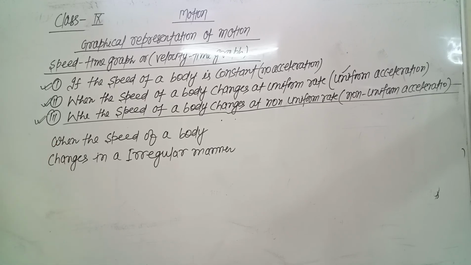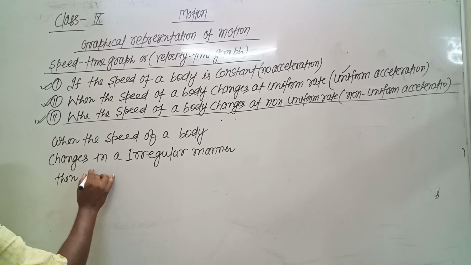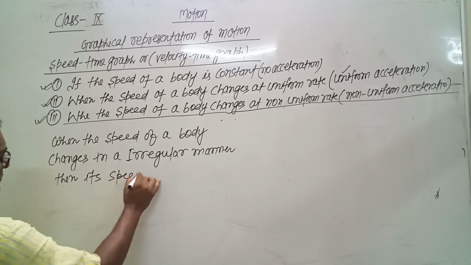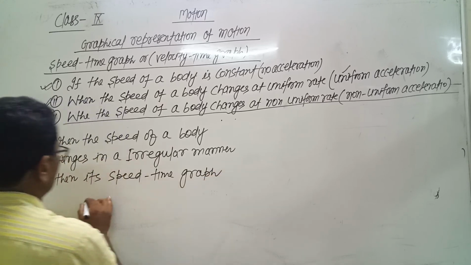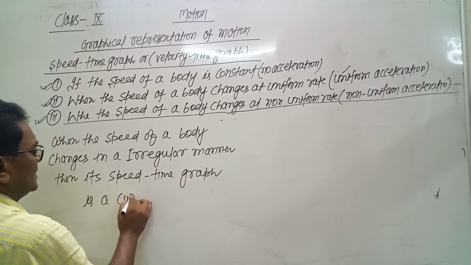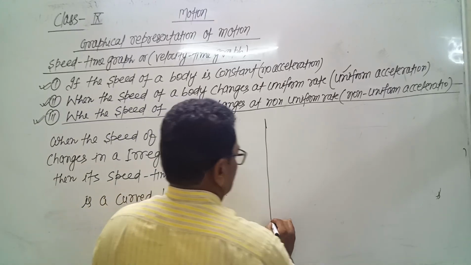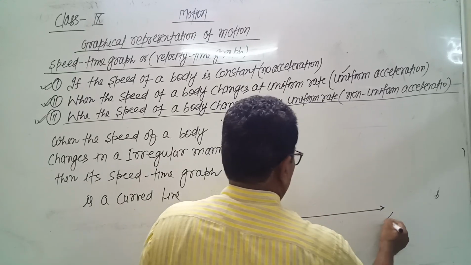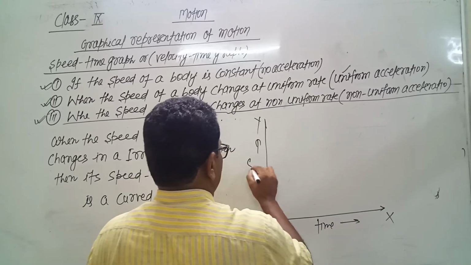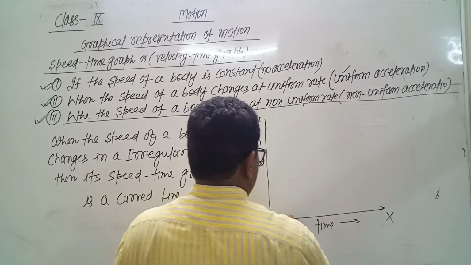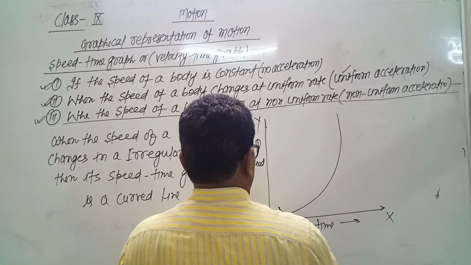When the speed of the body changes in an irregular manner, then its speed time graph is a curved line. With time axis and speed axis, its graph is not a straight line but a curved line.